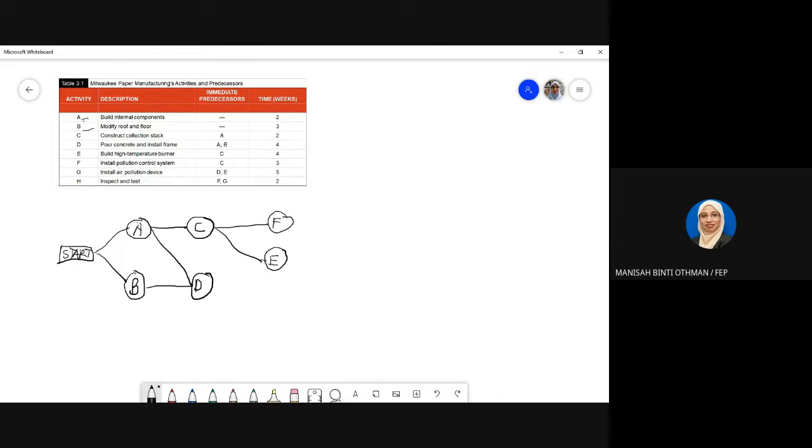And then G can start when D and E are complete.